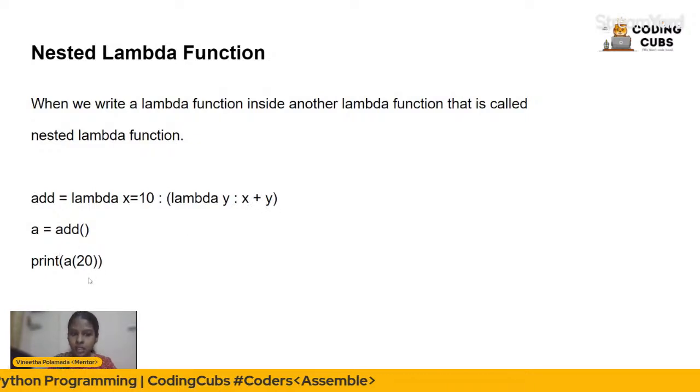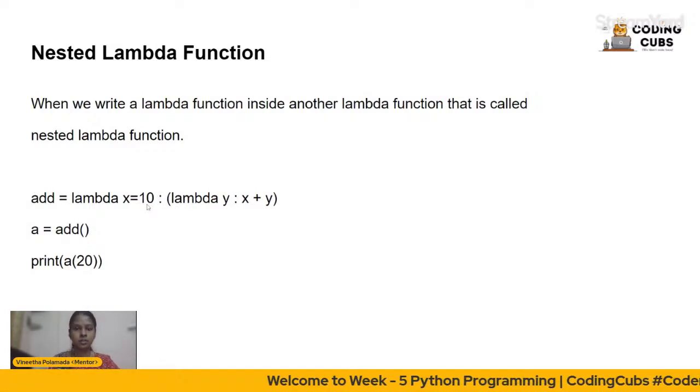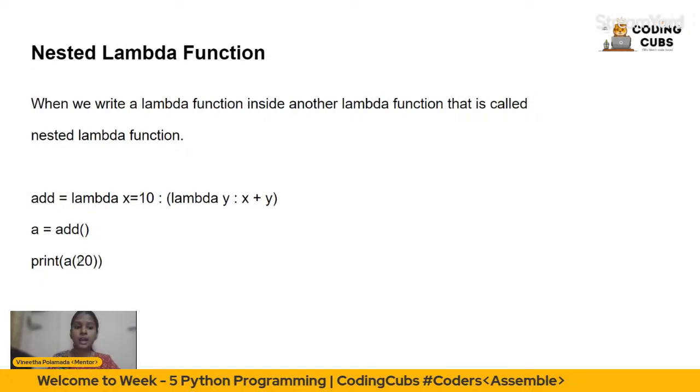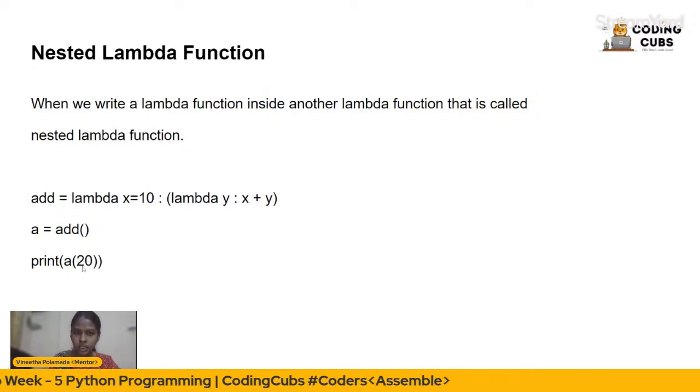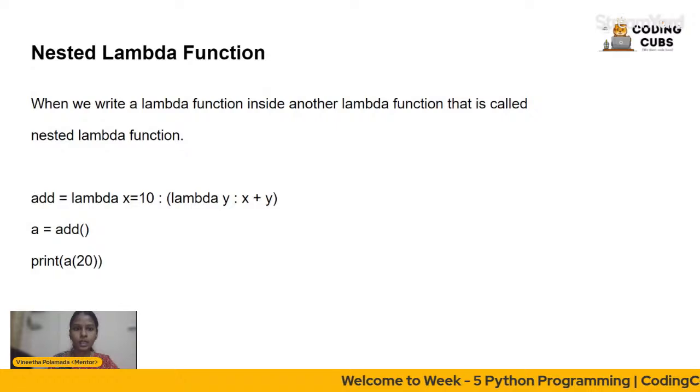And if you observe here, I'm giving only one value, that is 20. How would it do this operation? Because the x value, I've already given before. So it will be taking 10 from here, and 20 because I'm passing it while printing. So 10 plus 20, 30 will be returned. Clear? Is that fine?